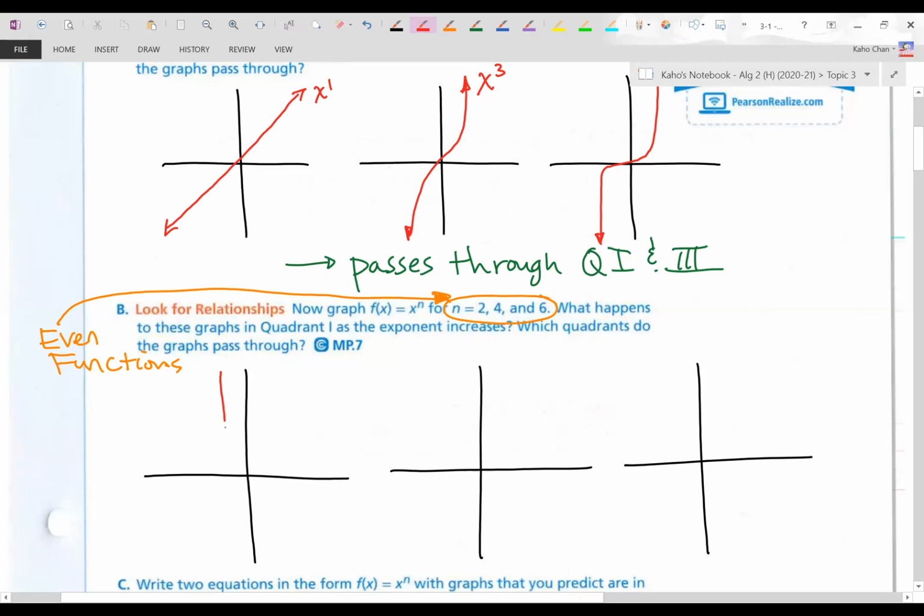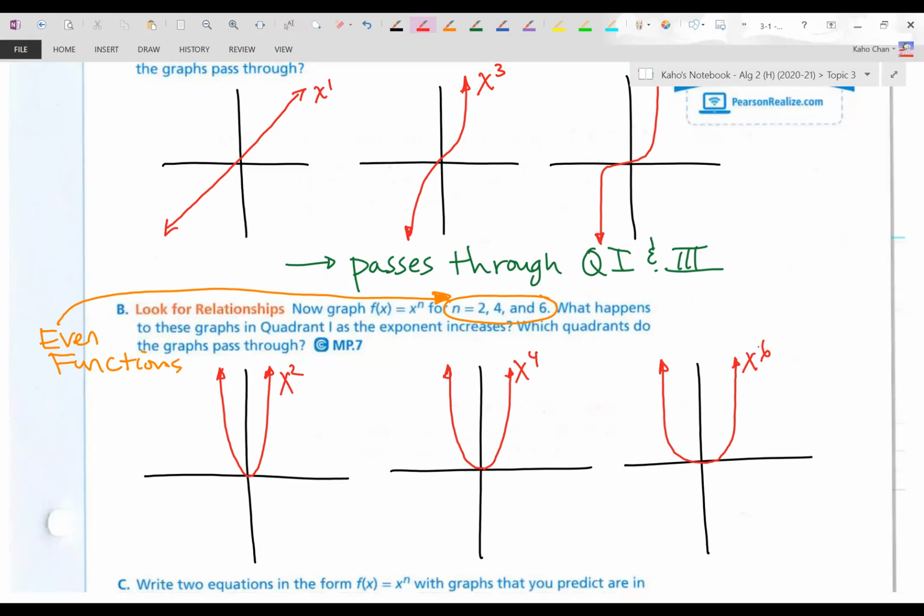X squared, X to the 4th, and X to the 6. Notice that the branches pass through quadrants 1 and 2.